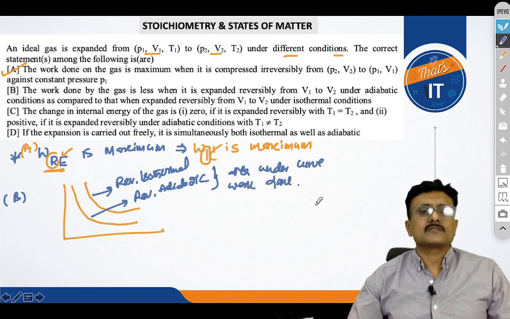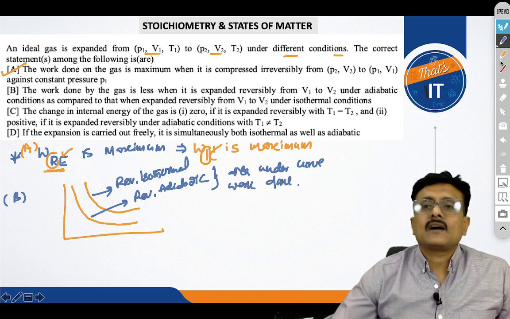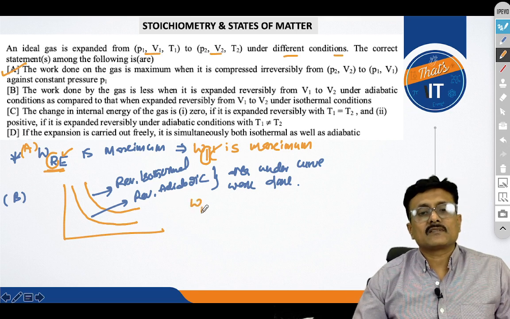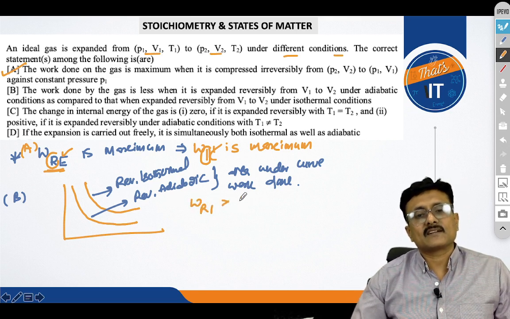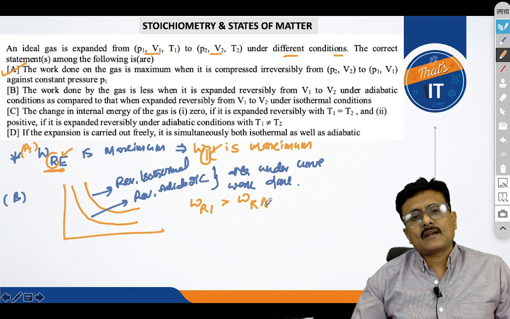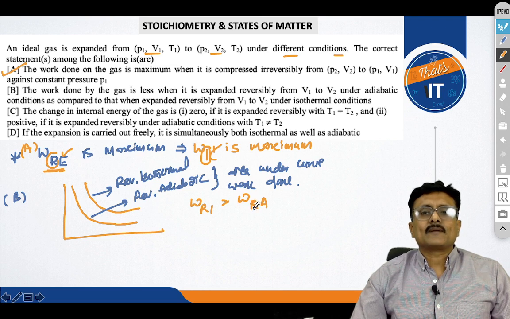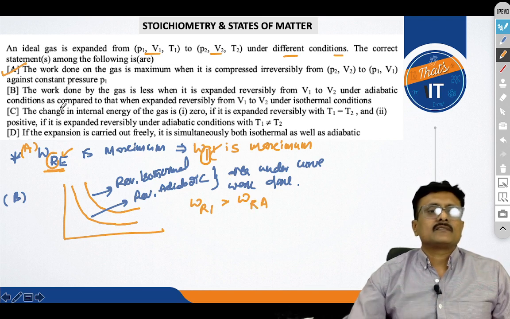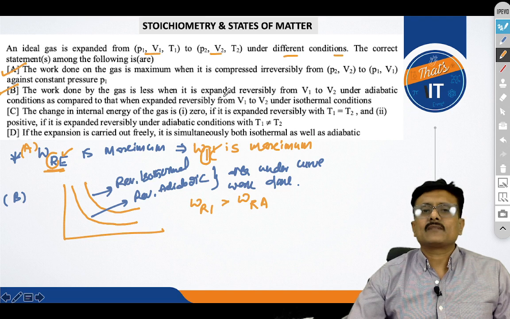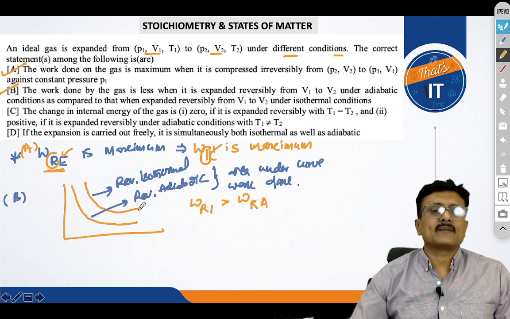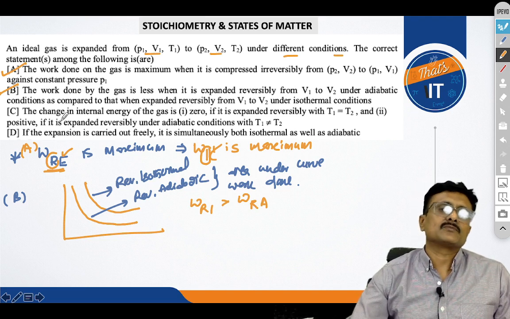Therefore, it is understood that the work done in reversible isothermal expansion is greater than that of reversible adiabatic expansion. So this second statement seems to be okay, because reversibly under adiabatic it is less.